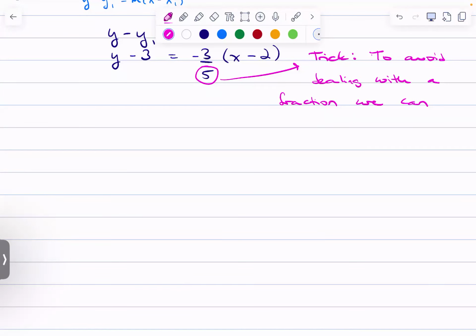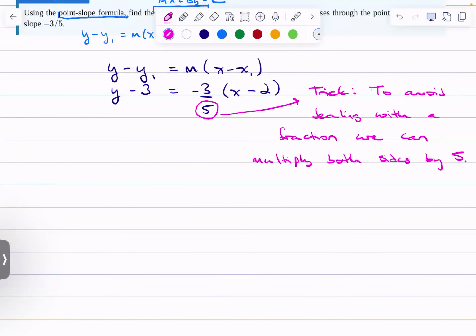So to avoid dealing with a fraction, we can multiply both sides by 5. That's going to get rid of the 5 in the denominator.